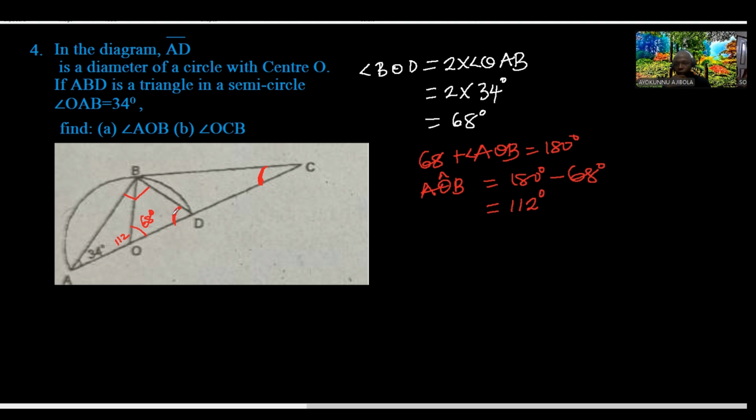Is that clear? Angle ODB will be equal to angle OBD, because this is a radius and this is also a radius.